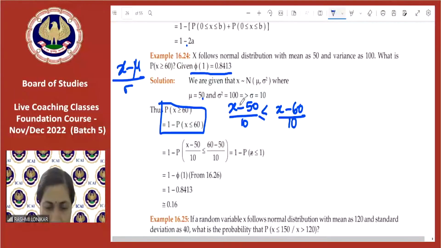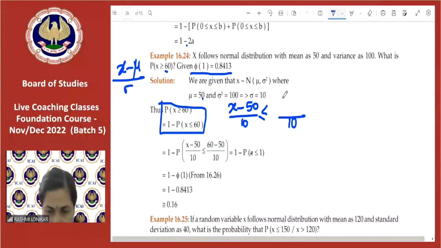This is equal to phi of 1. Just a minute, what is the value of X? X is 60.